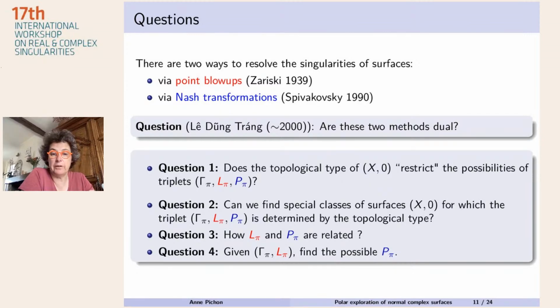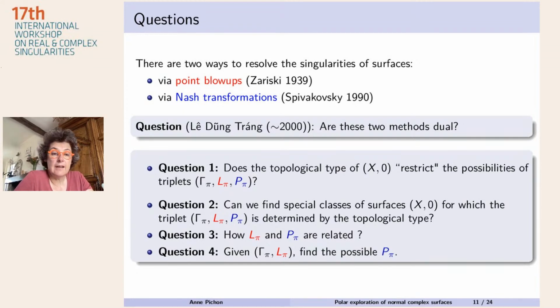Are there a finite number? And are there a finite number assuming that gamma pi factors through the Nash transform and the blow-up of the origin, and so on? Okay, this is the first question.